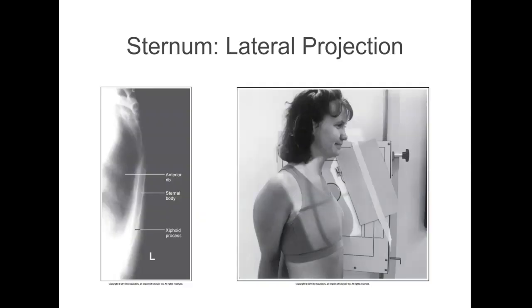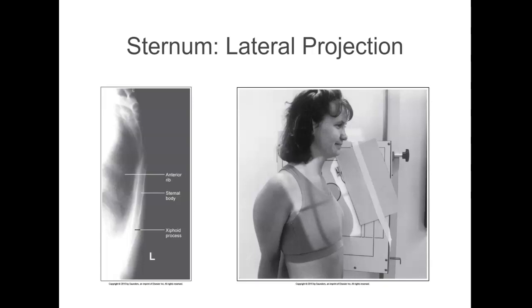Let's move on to the lateral sternum projection. Image analysis guidelines for the lateral sternum projection state that the manubrium, sternal body, and xiphoid process are demonstrated in profile. The anterior ribs are not superimposed over the sternum. The sternum is demonstrated without superimposition of the humerus or the soft tissue of the humerus.